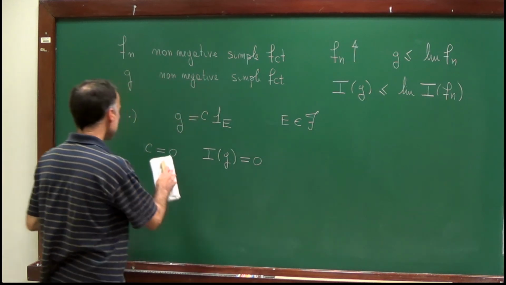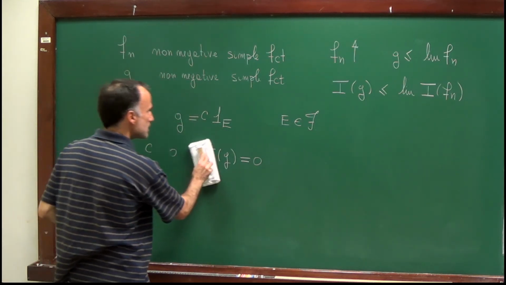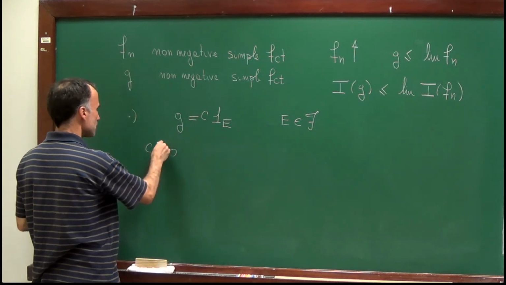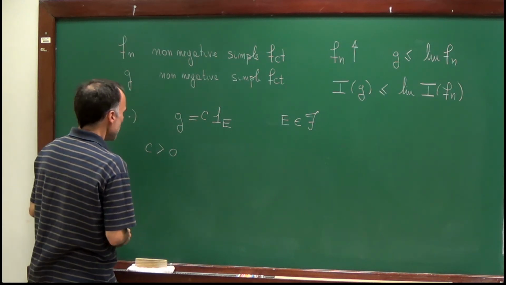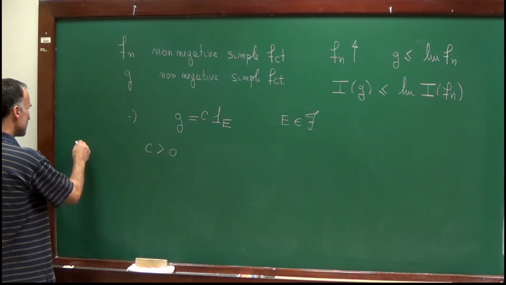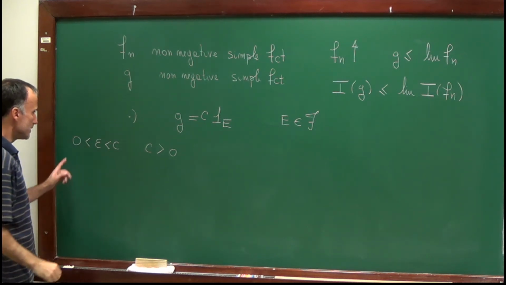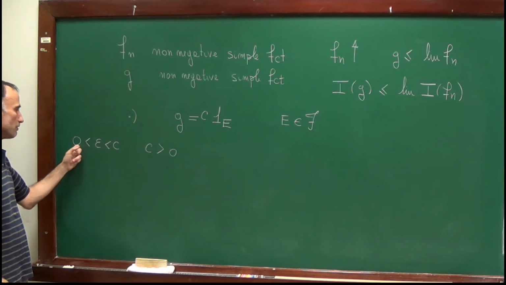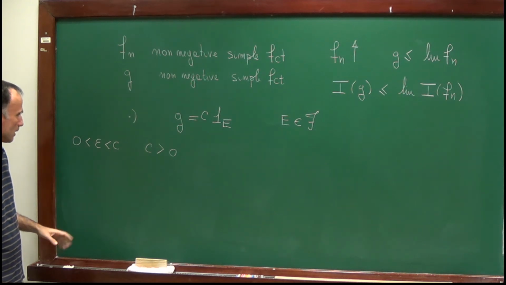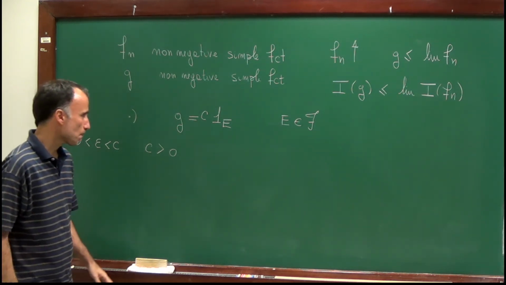So let's now consider the case in which c is strictly positive. If c is strictly positive, let me fix an epsilon which is between 0 and c, and which will be very small. It will converge to 0 at the end of the proof.